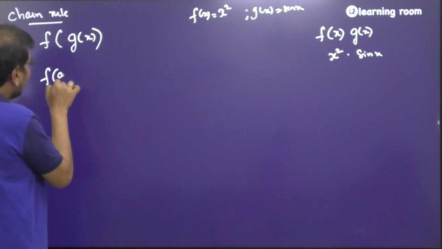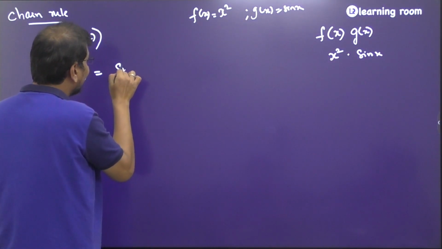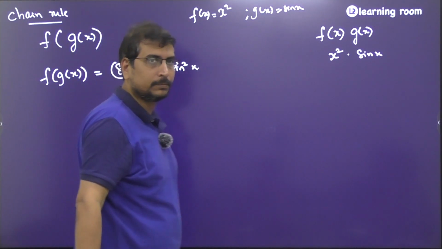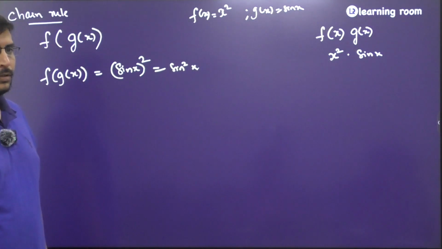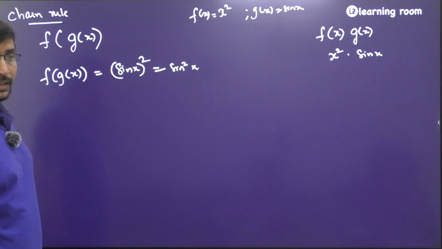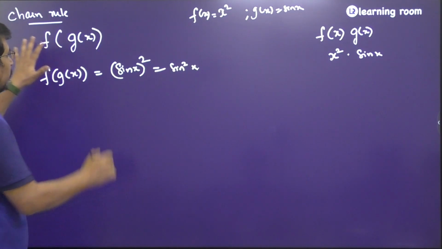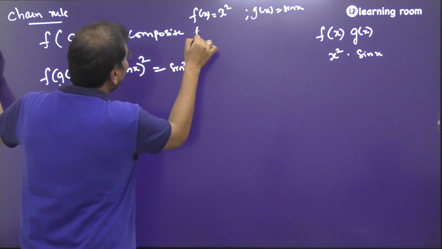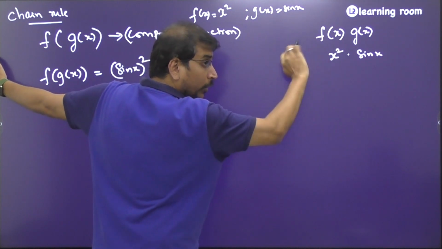So f of g of x here means in the place of x, I'll replace with g of x. So it is sin x the whole square, it is sin square x. Am I clear? So whenever you have this kind of a function, you need to use something called chain rule. I'll tell you how to use it. This kind of function is called a composite function. Just for you to know the name, it's called a composite function, whereas this one is a product of functions.